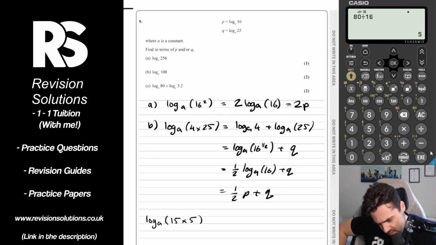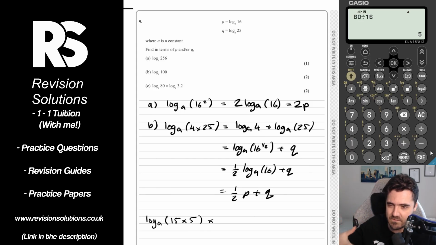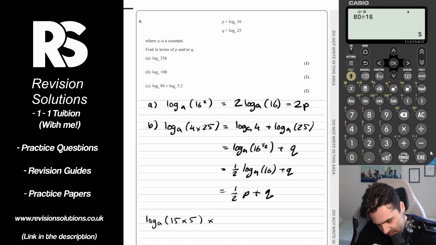And then 3.2, it's a little bit weird, but I think 32 would be nice. If you think times it by 10 and divide it by 10, that kind of gets us something closer. So let's say it's log base A of 32 over 10.